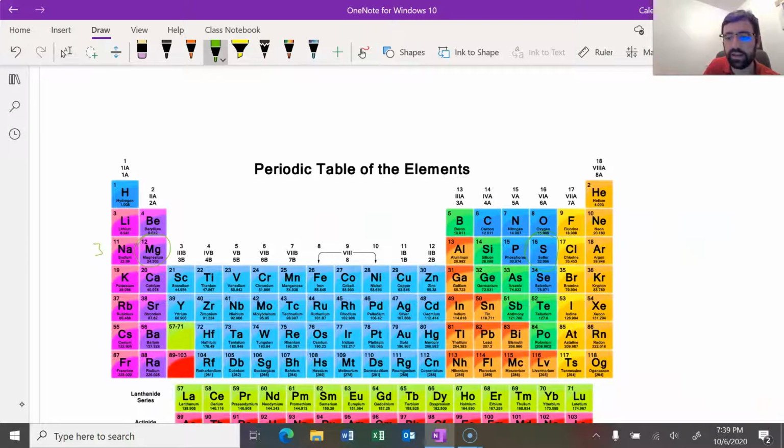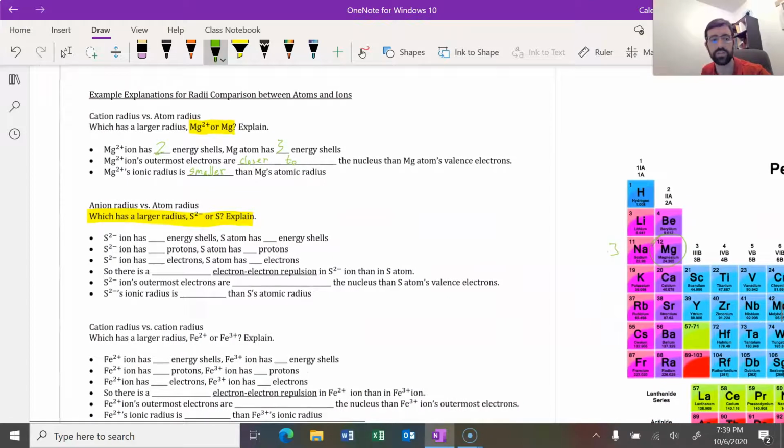Sulfur is right there, and sulfide would gain 2 electrons and have the same number of electrons as argon. It's going to have 2 extra electrons. It's still going to be in the same energy level though.